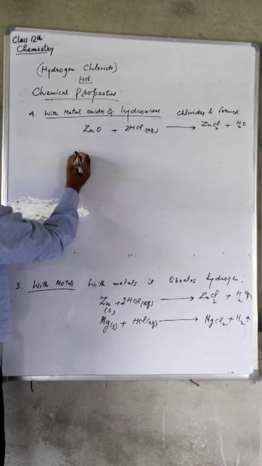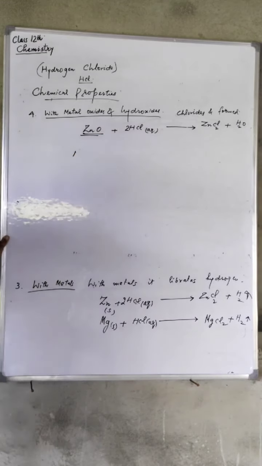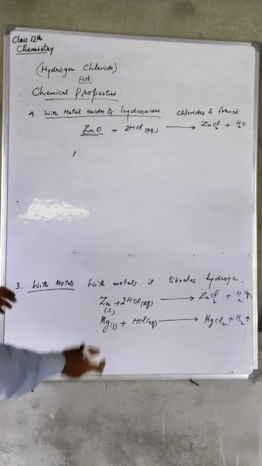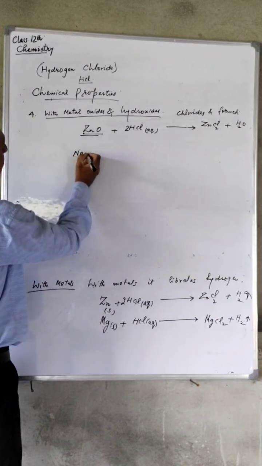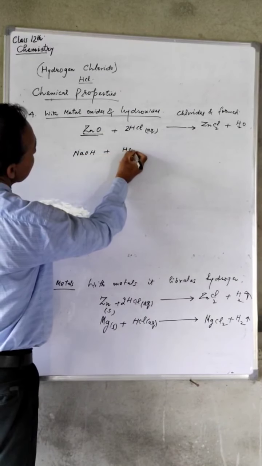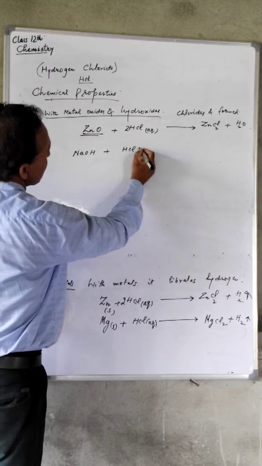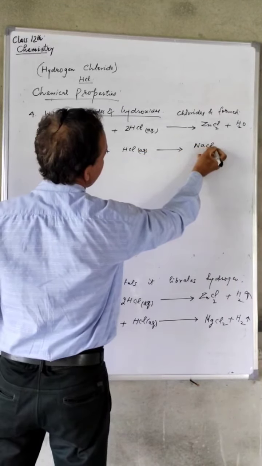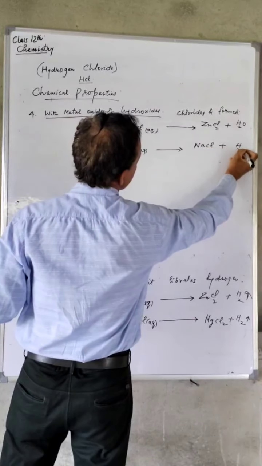Metal oxides are also called basic oxides. Or if we take a base like NaOH, sodium hydroxide plus HCl, it forms NaCl plus H2O.